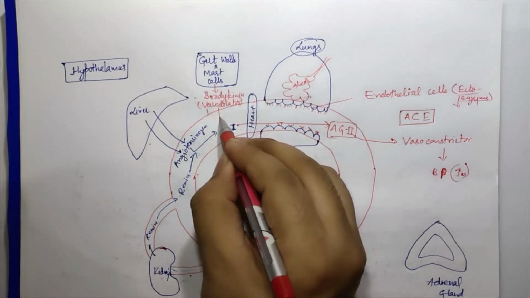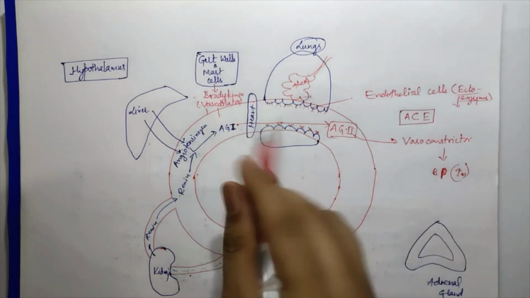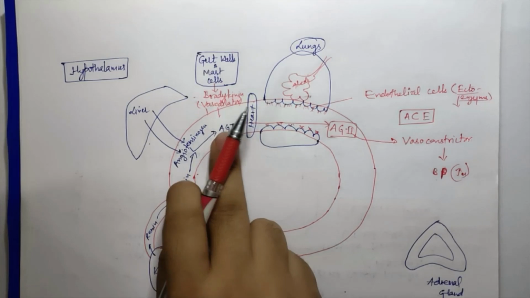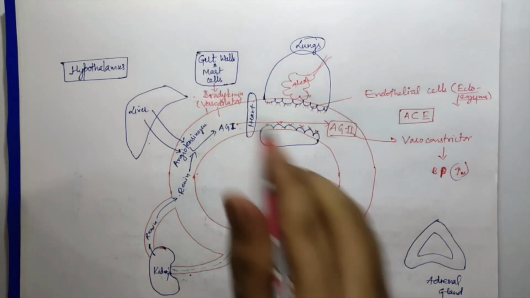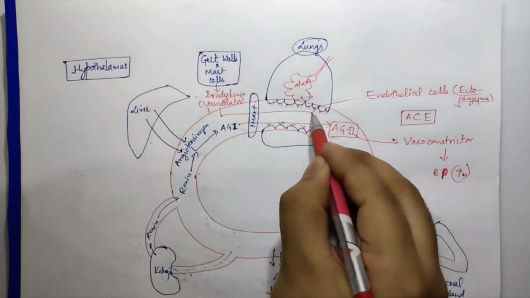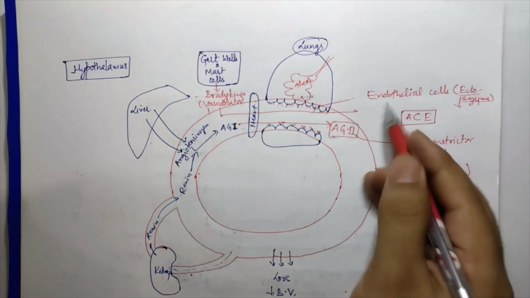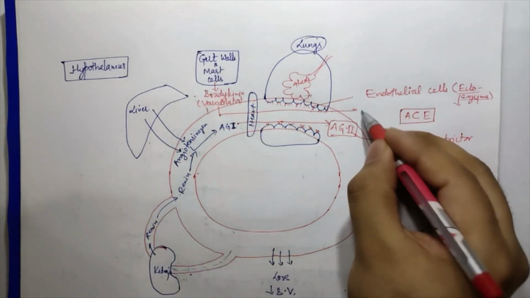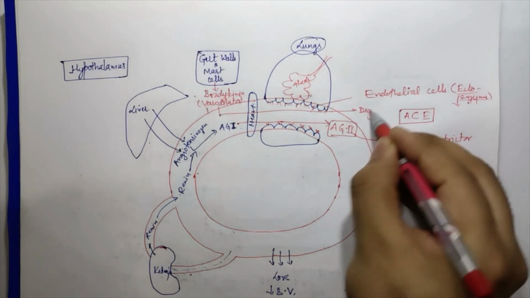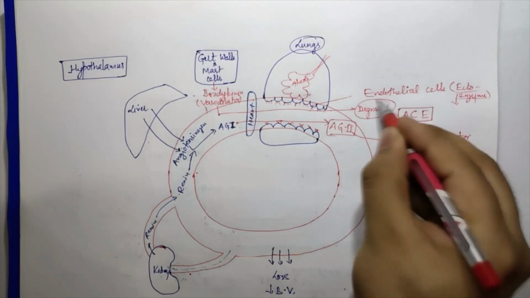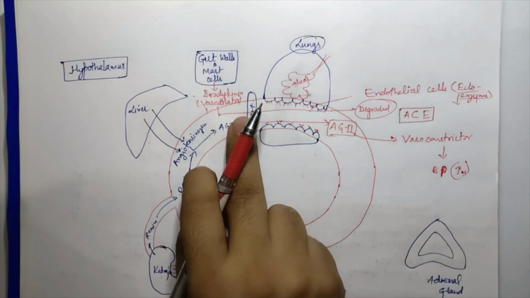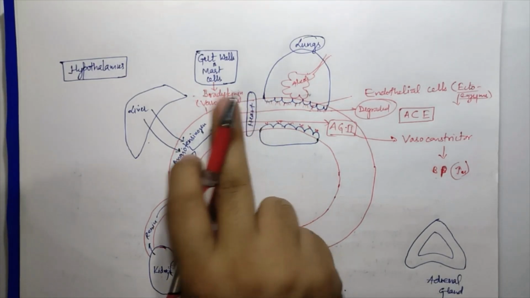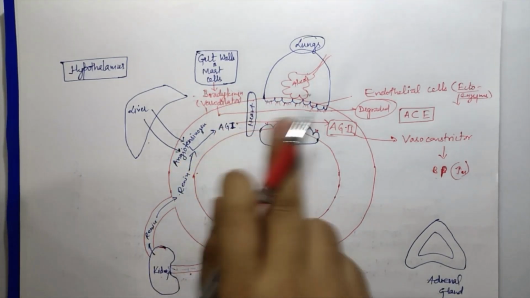So this ACE enzyme has dual function. First, it converts angiotensin 1 into angiotensin 2, and secondly, it degrades bradykinin, and subsequently its vasodilation role is blocked.